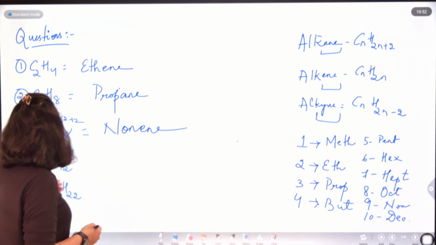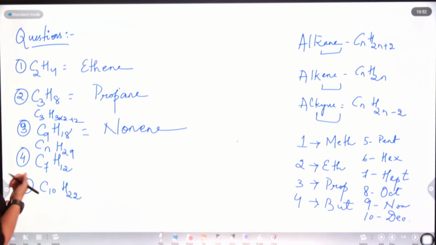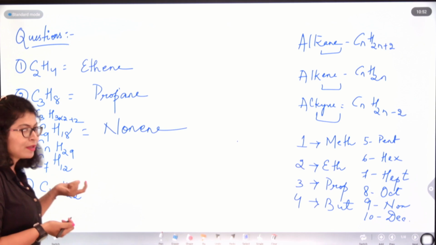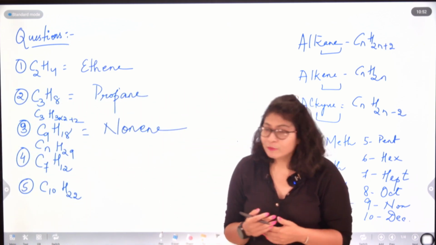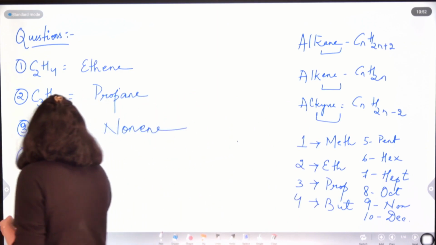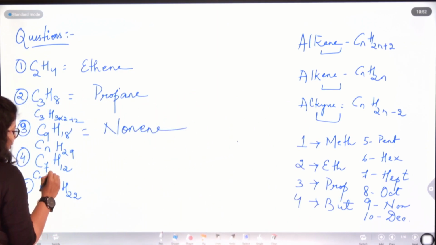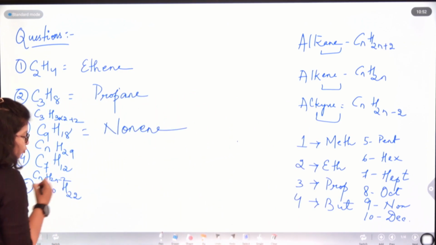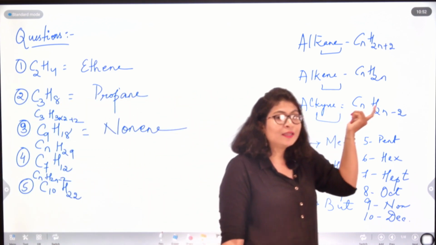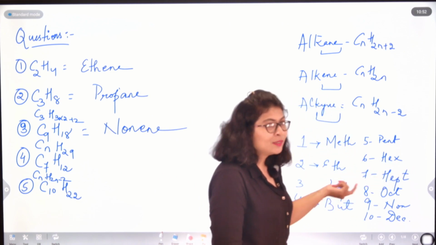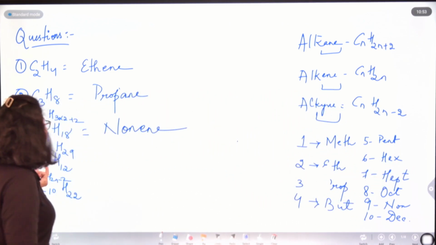So, the next example is C7H12. If I try to reduce it to its general formula, it will be CnH2n-2. That means it falls under the category of alkynes. Got it? And how many carbon atoms are there? 7 carbon atoms.